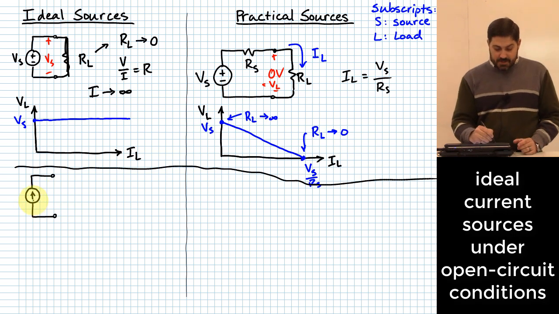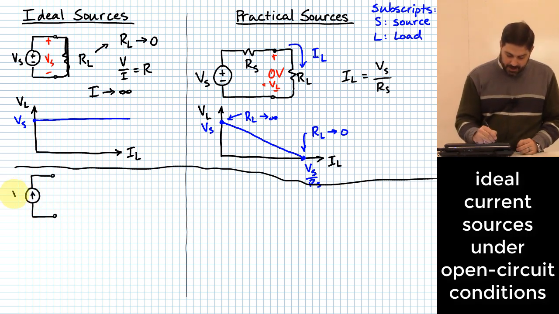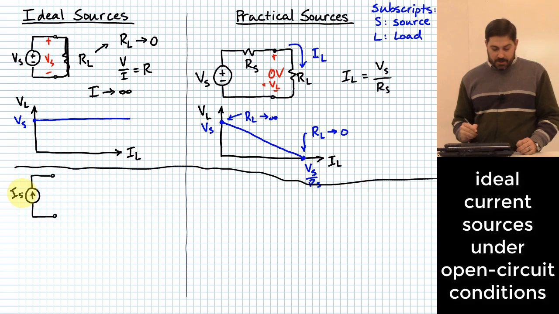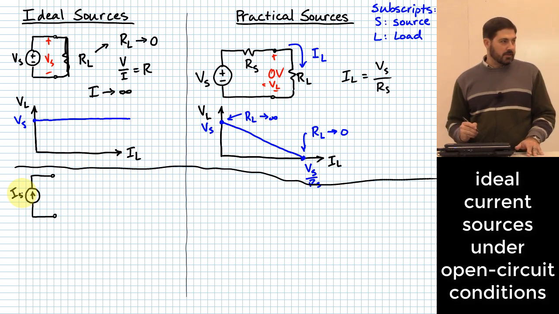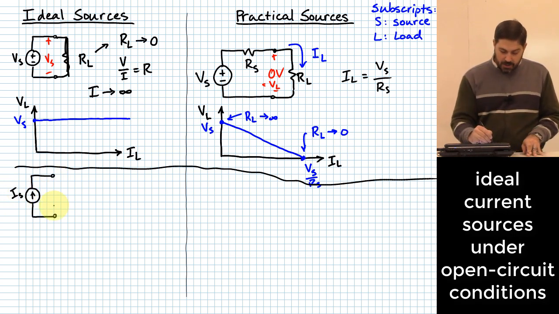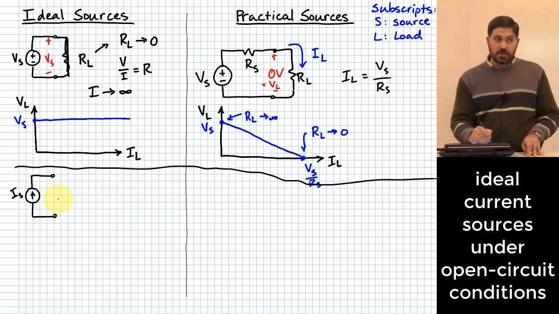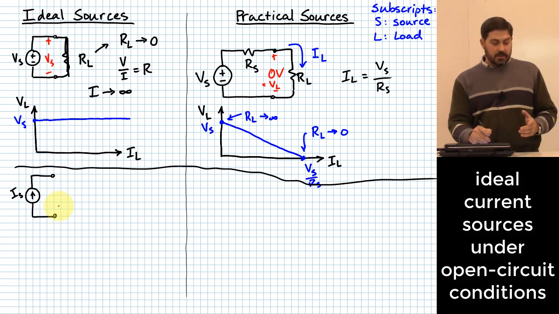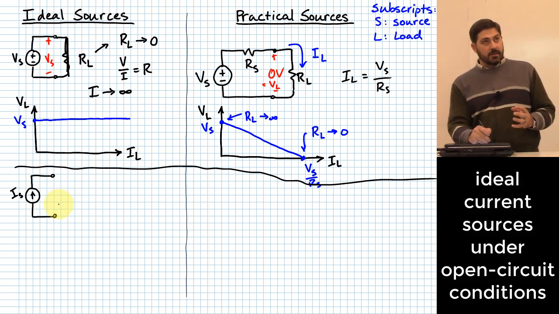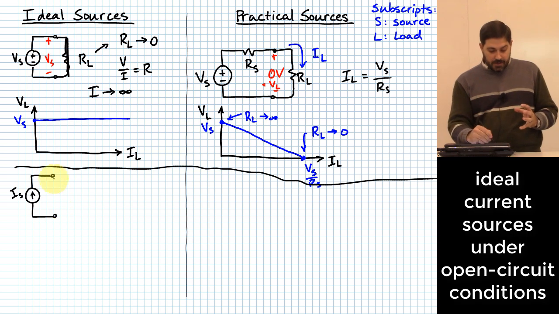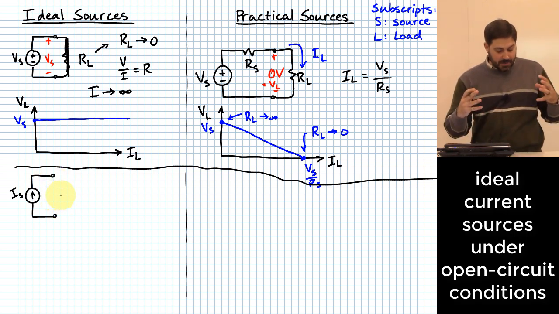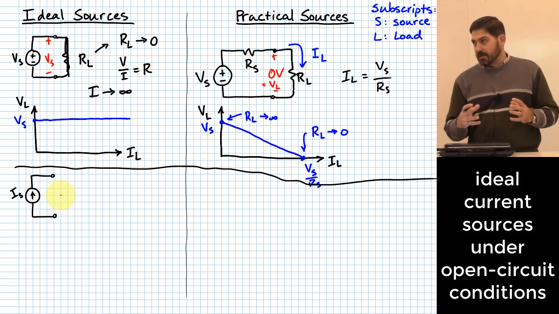That current, I'll call it IS here, says I'm going to drive this current no matter what. And yet, the fact that I made no connection right there says there is no place for current to go. So my next question is, what will happen if we try to do this? It can't happen.